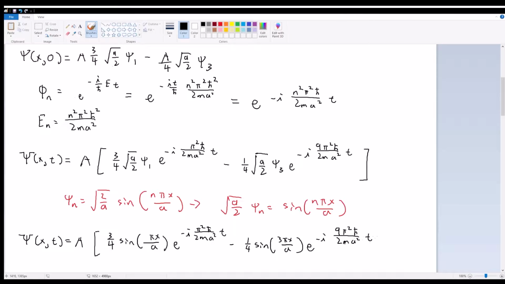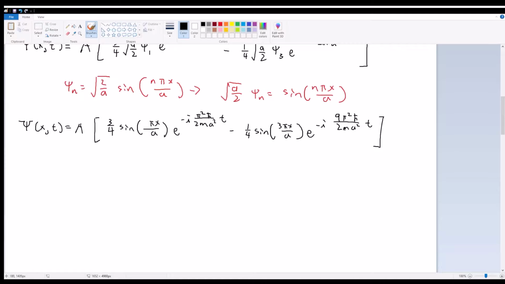And now we do the doozy of multiplying this by the complex conjugate. Psi star of x comma t is going to equal a times 3/4 sine pi x over a, e to the, this time instead of negative, positive i because it's a complex conjugate.